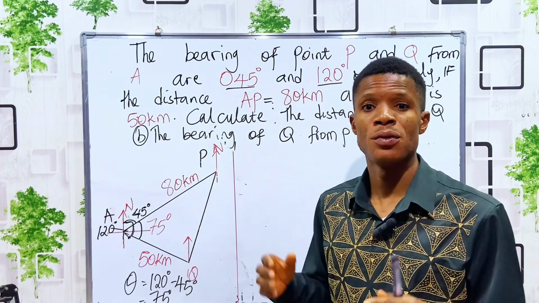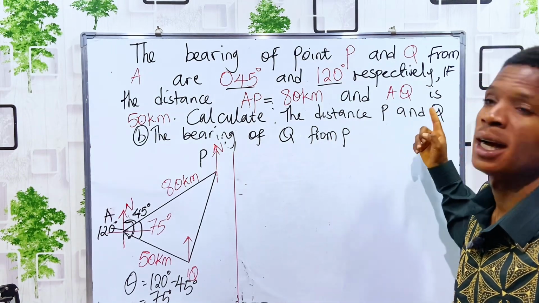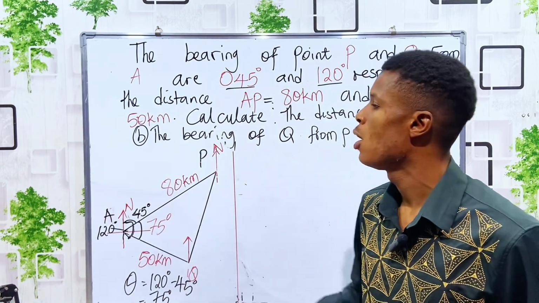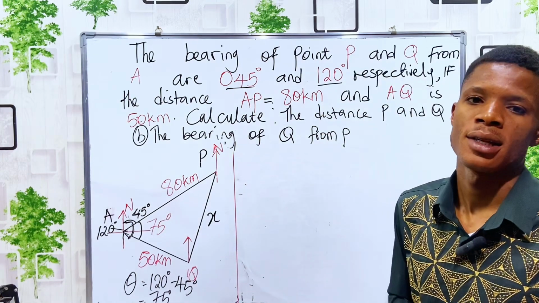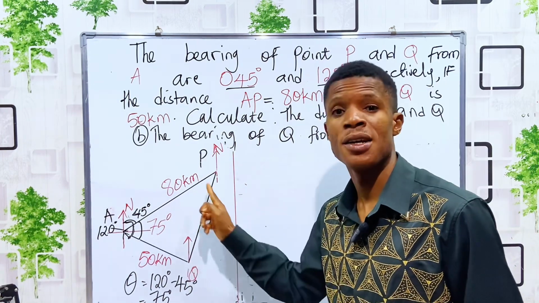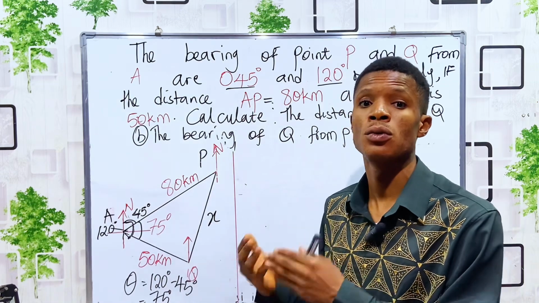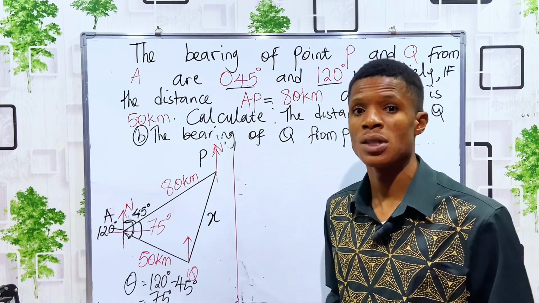The first question requires us to solve for the distance between P and Q. This is point P and this is point Q. Let's label it x. This triangle is not a right-angled triangle, so we won't use the basic trigonometric ratios. Rather, we are going to use either the sine or cosine rule.